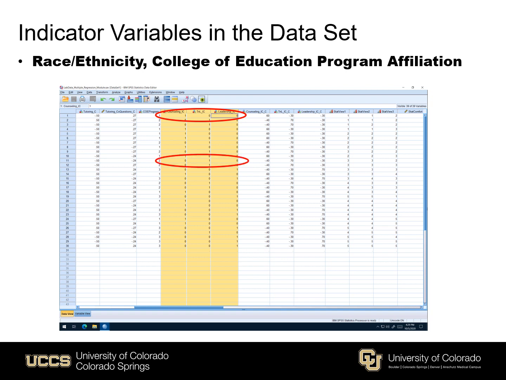And if you look closely, each student has a 1 in one and only one of these three columns. As you look through the data set, you can find the variables that are part of an indicator scheme because those variables will have an underscore IC in their variable name.